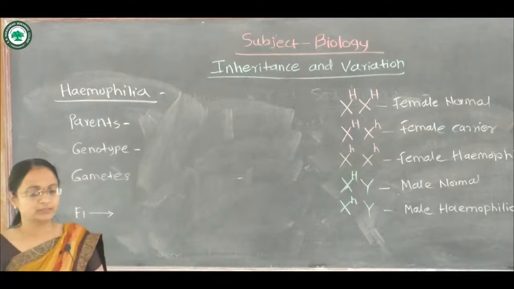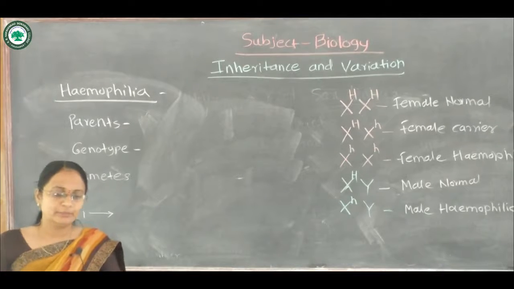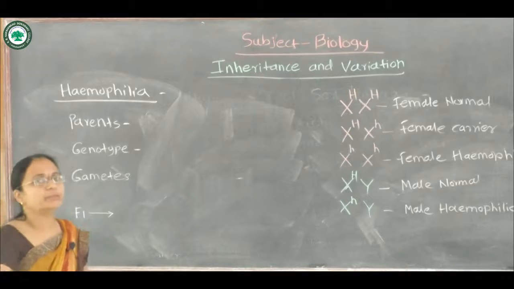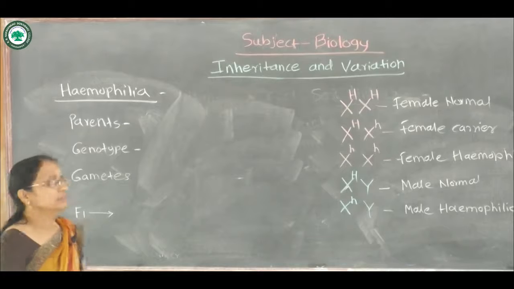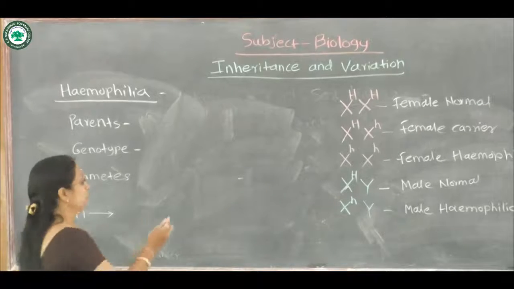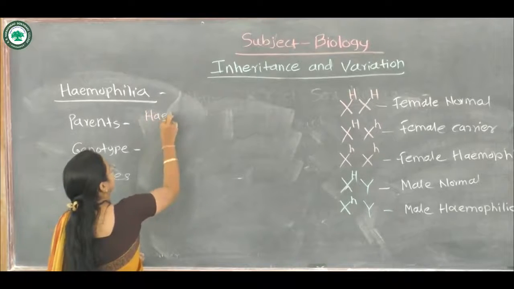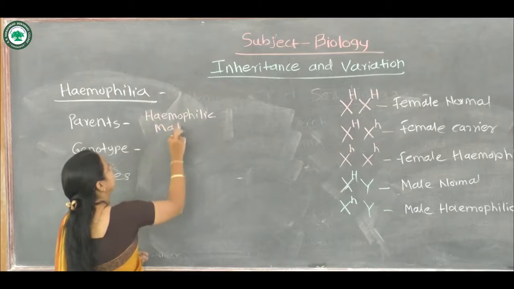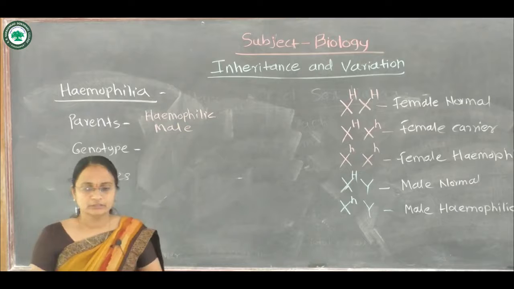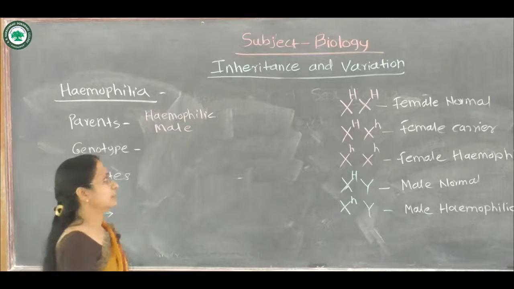Now take the example: suppose a marriage takes place between parents where the male is hemophilic and the female is normal.